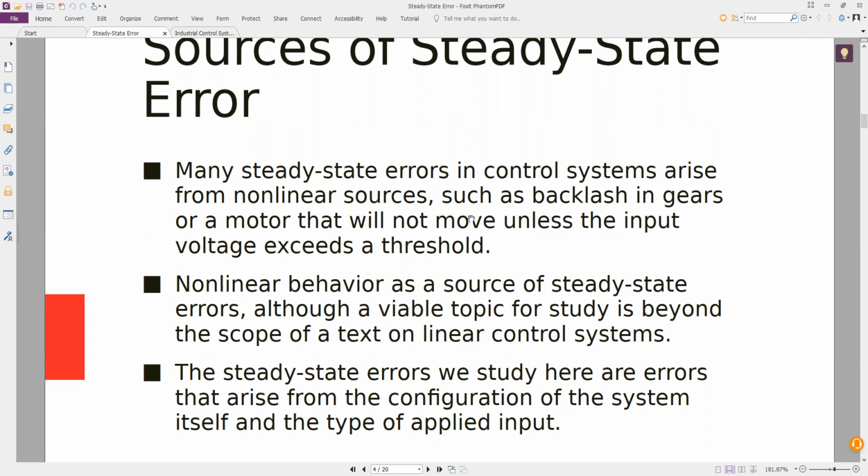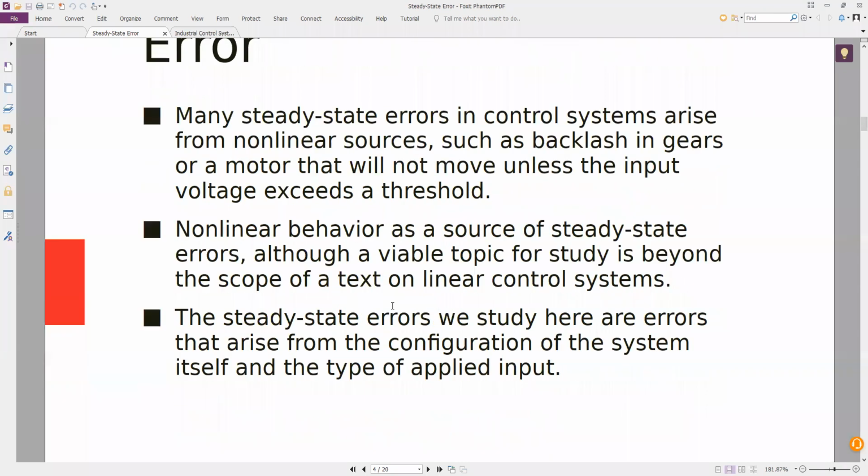So what is the source of steady state error? It arises from nonlinear sources, such as backlash in gears or a motor that will not move unless the input voltage exceeds a threshold. Nonlinear behavior as a source of steady state errors, although a viable topic for study, is beyond the scope of a text on linear control systems.